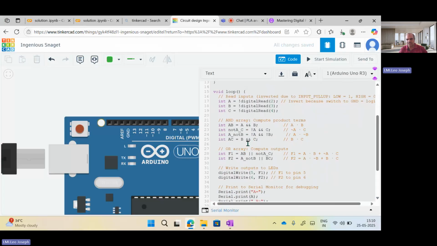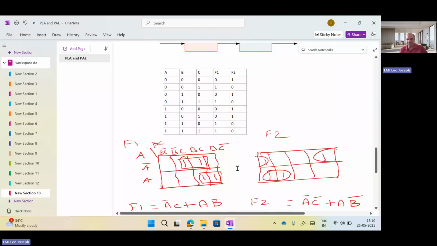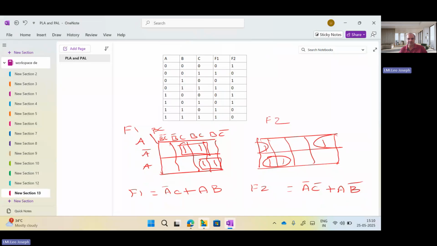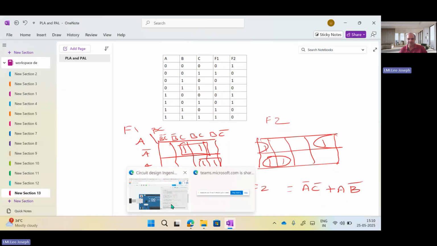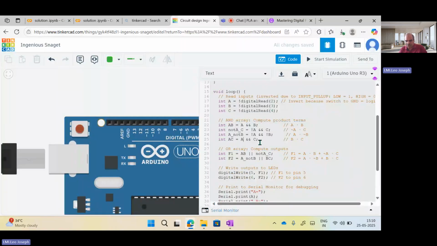That means A and C bar, right? The equation is correct. A and C bar. A bar B bar, A B bar plus A bar C bar. A B bar plus A bar C bar. Sorry, here A B bar plus A bar C bar. So I need to replace this with A bar and C bar.